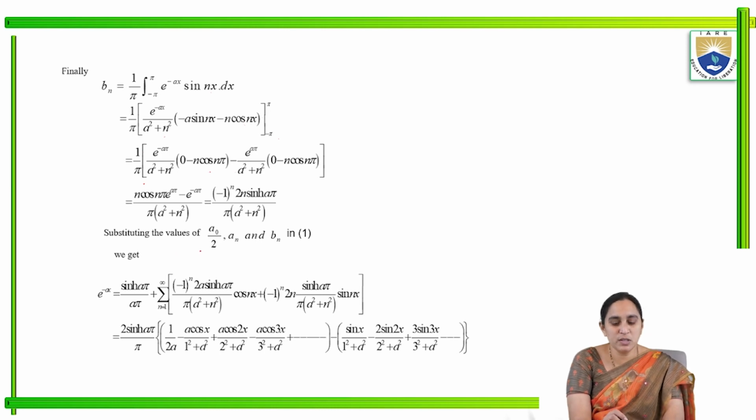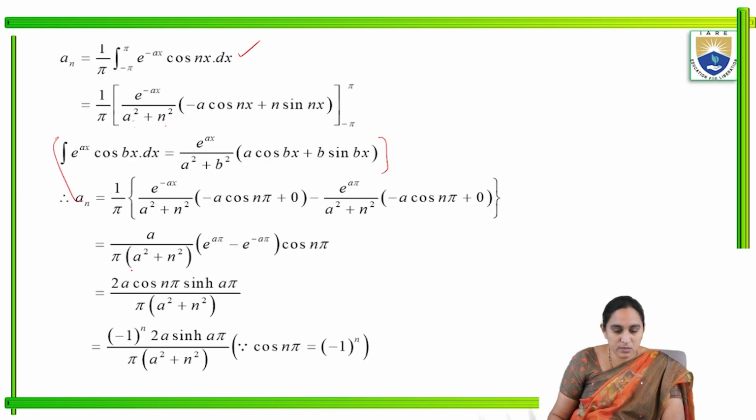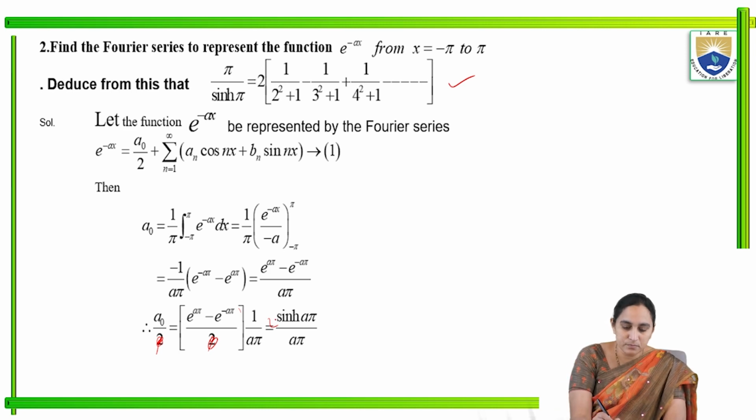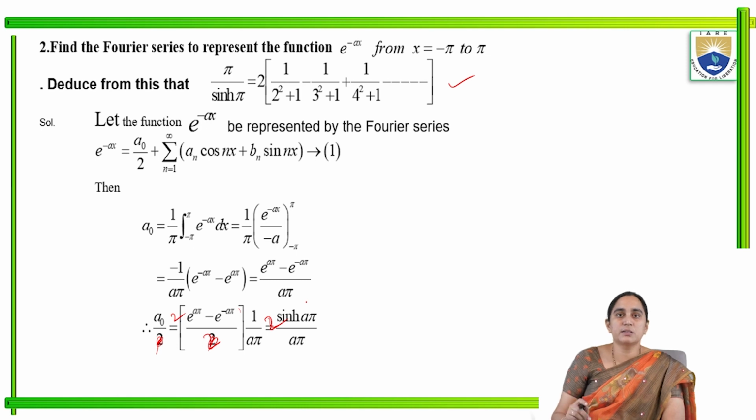Okay, now substituting the values of a naught, a_n and b_n in the first equation. From that, e power minus ax is equal to a naught, which is 2 sinh a pi by a pi, into 1 by 2.